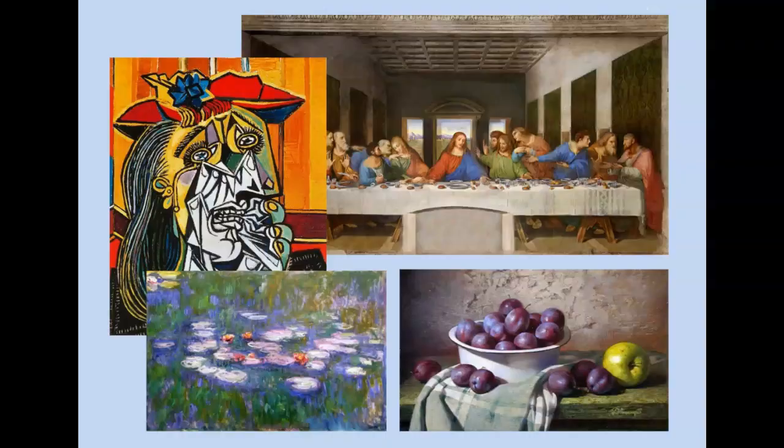You can see a couple of examples here. The one on the top left is from Pablo Picasso, The Weeping Woman, and we can see how the use of line and color can give us a sense of distress in the image.